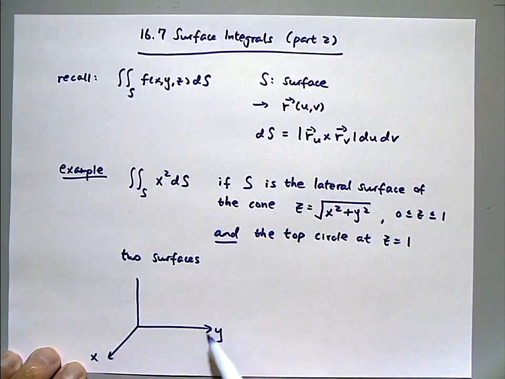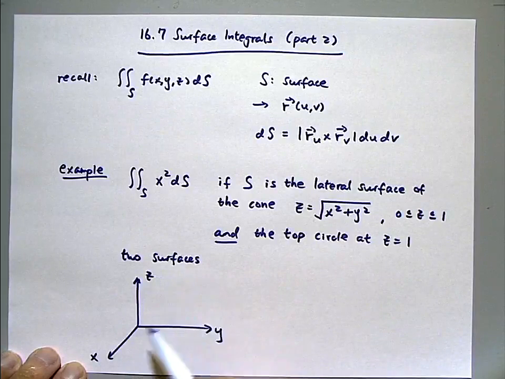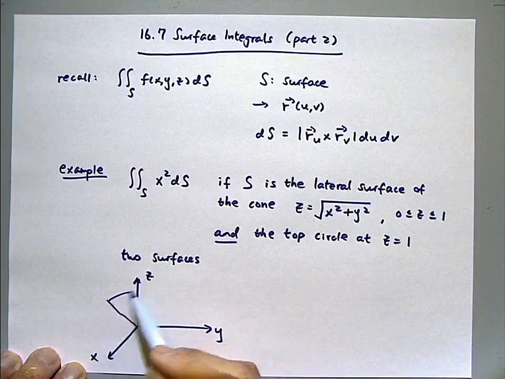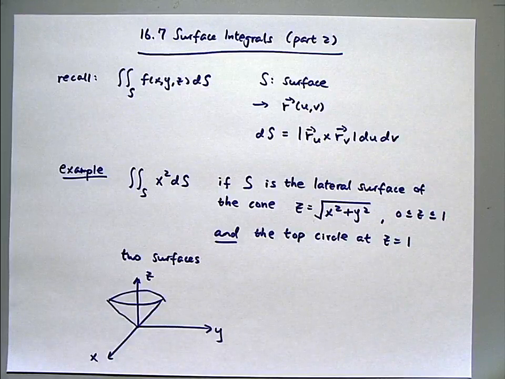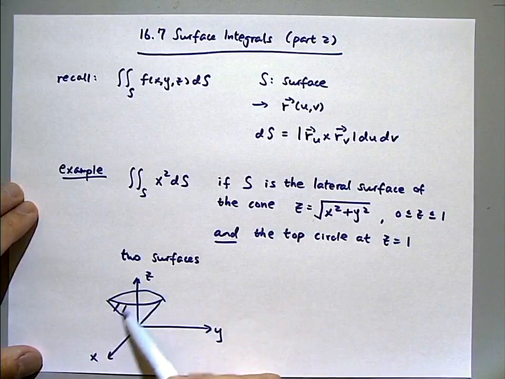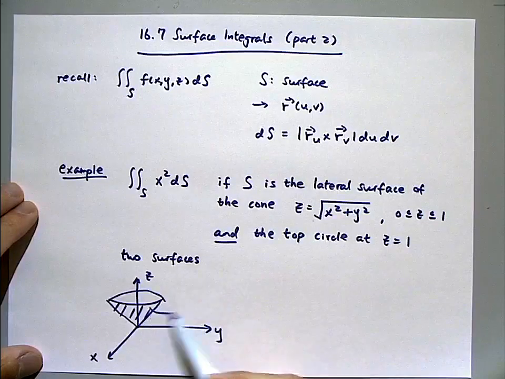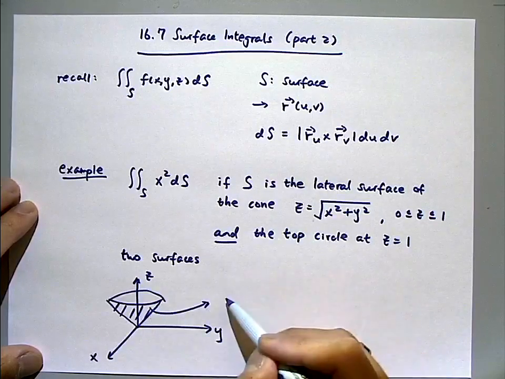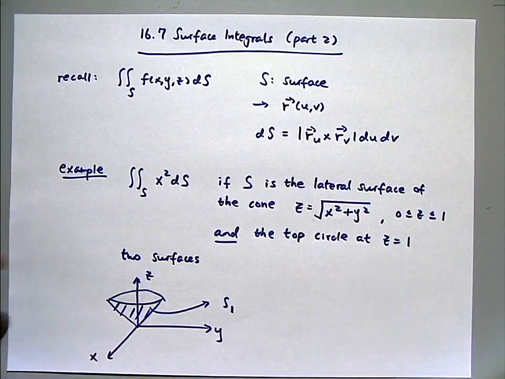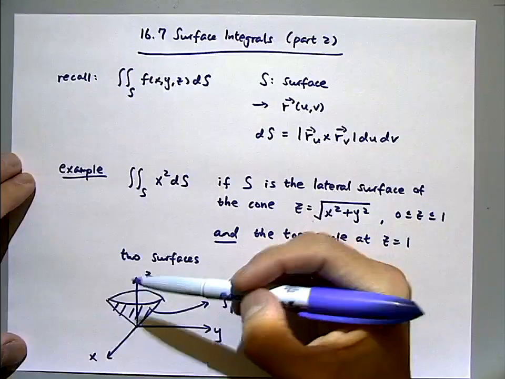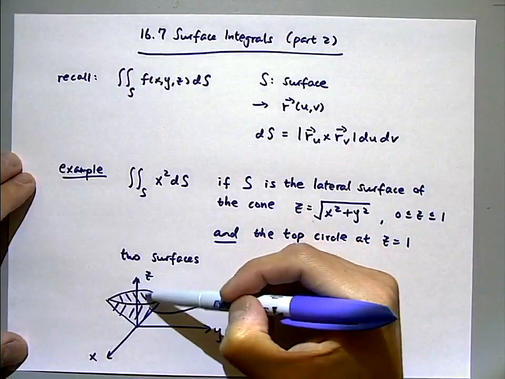Let's make a rough sketch of this. Okay, so first we got a cone that we're familiar with. We're looking at just the lateral surface, the outside surface around the cone. So this one right here. And we'll call this surface S1, just on the outside. And we're also going to add to this whole thing the top circle.